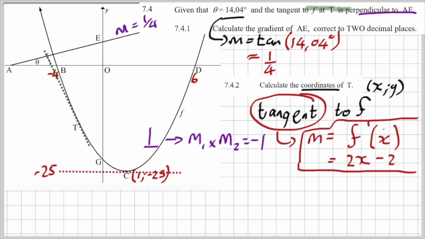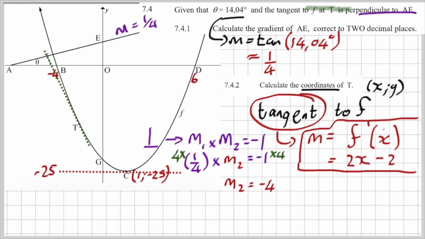So let's find the gradient of my tangent by using the perpendicular lines. I know that the gradient of AE is a quarter, so I'm going to substitute that in. Now m2 is the gradient of the tangent. So I'm going to calculate it by multiplying by 4 on both sides. So m2 is equal to negative 4.